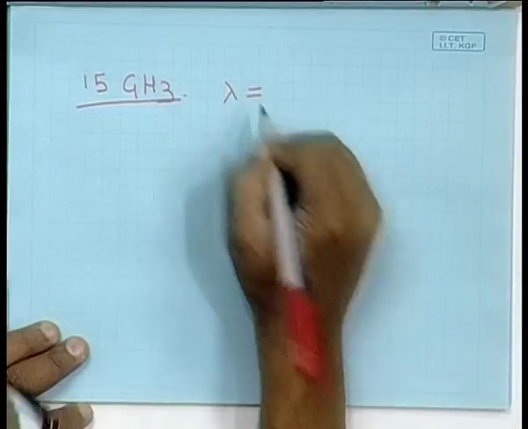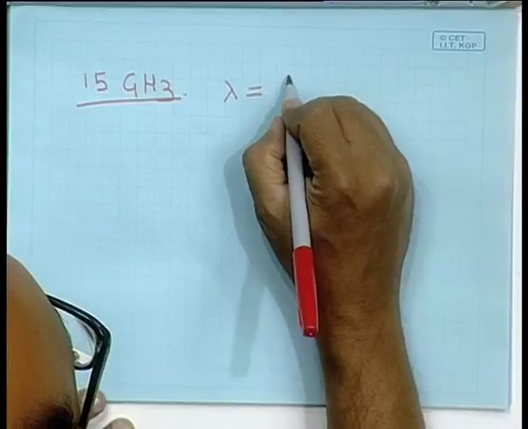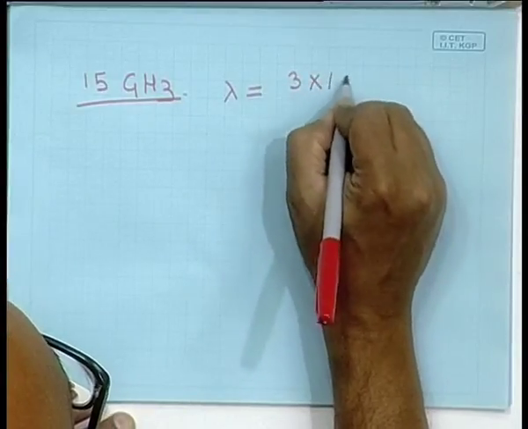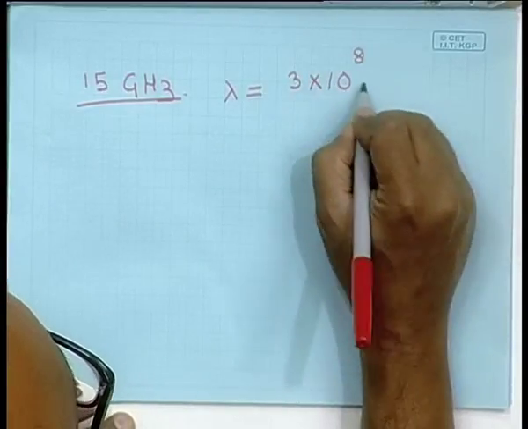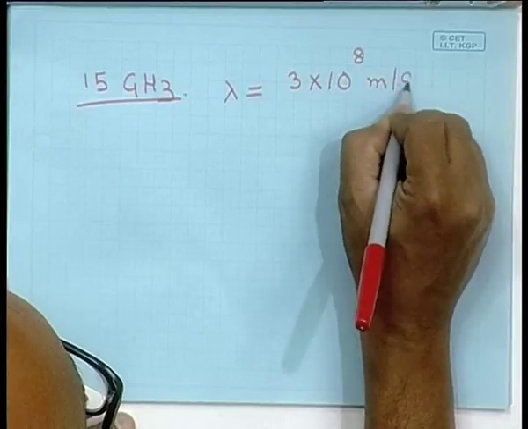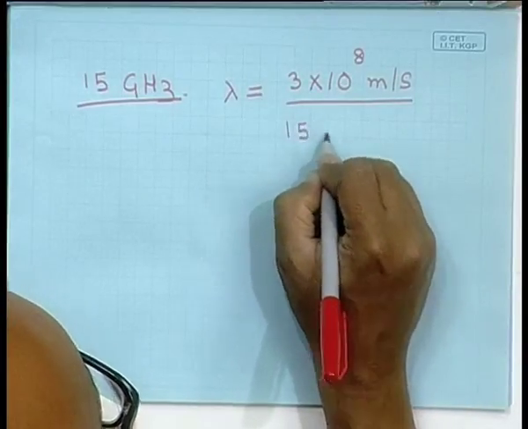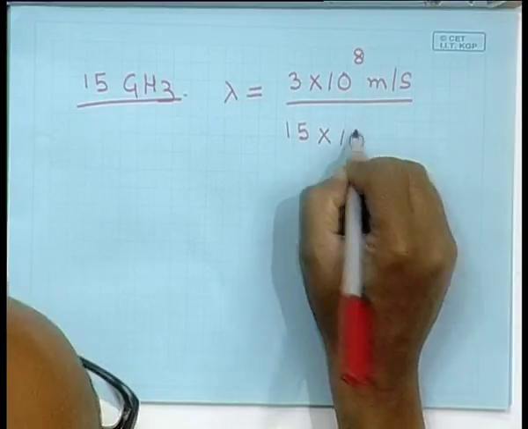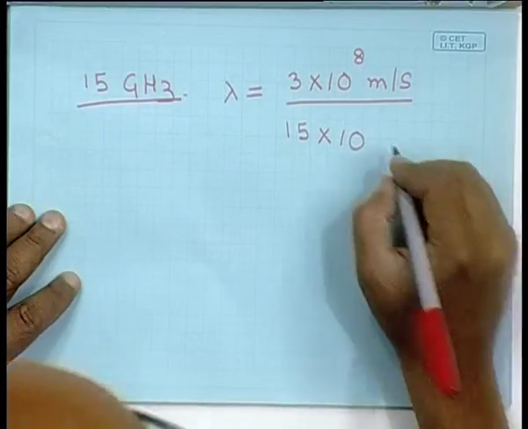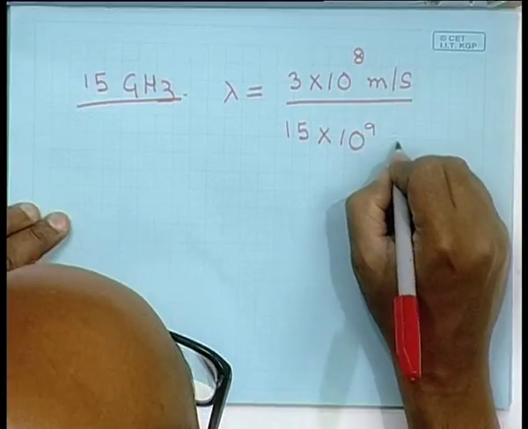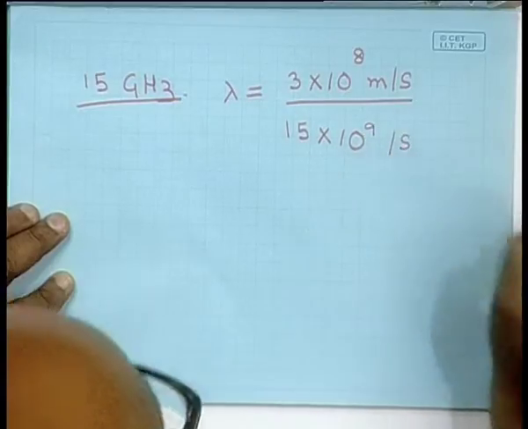So, the wavelength corresponding to 15 gigahertz will be 3 into 10 to the power 8, this is meters per second, divided by 15 into 10 to the power 9 per second, since gigahertz is 10 to the power 9 per second.